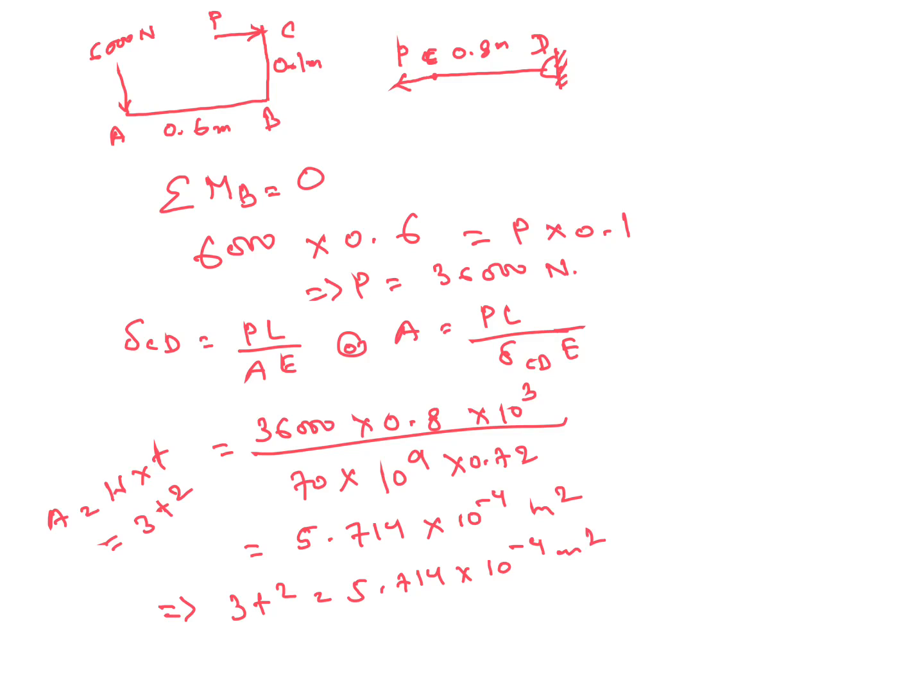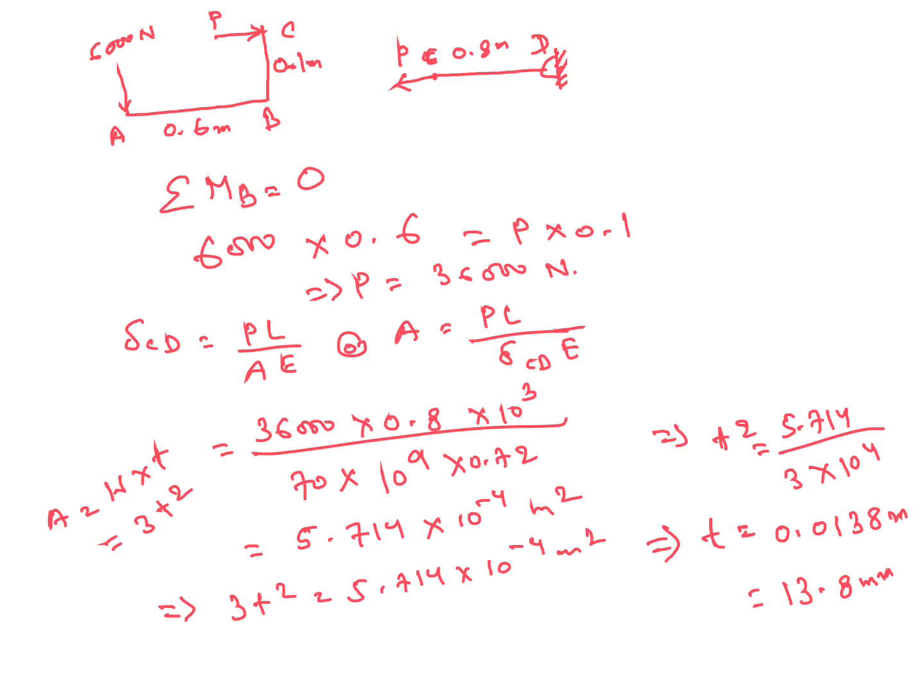So finally, if we solve this one, t square equal to 714 divided by 3 into 10 to the power 4. If you do the root, you will get 0.0138 meter. In mm, you multiply 1000, 13.8 mm.